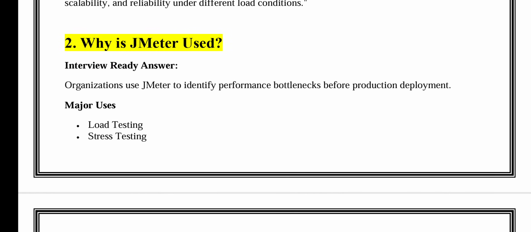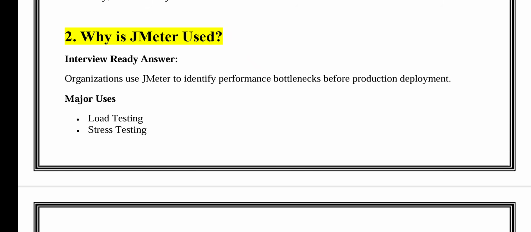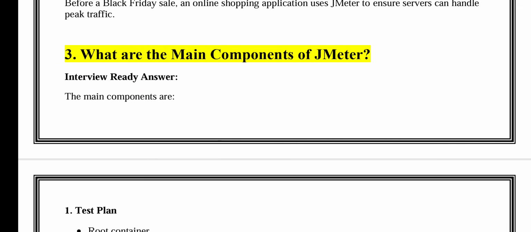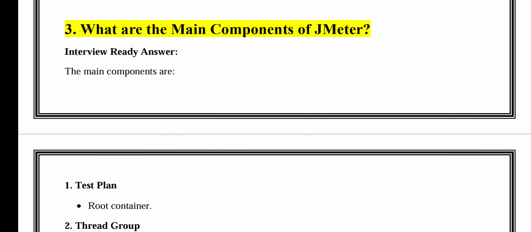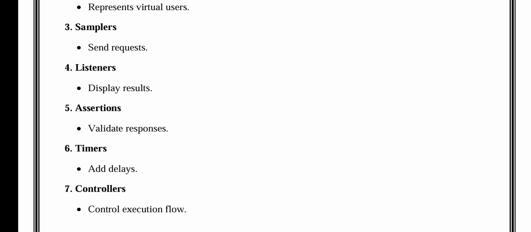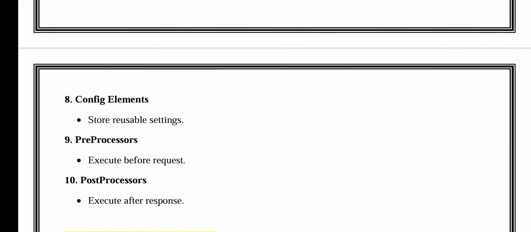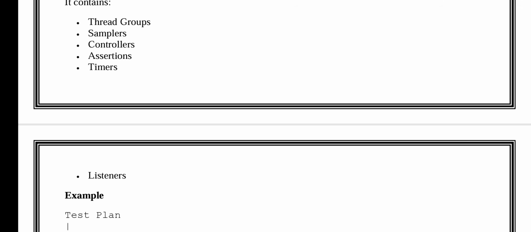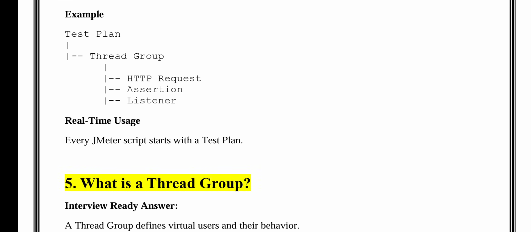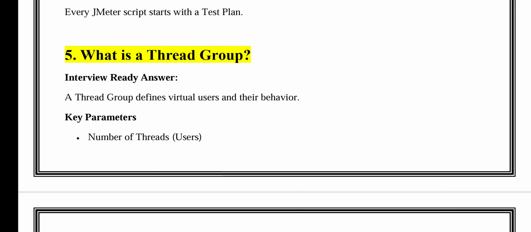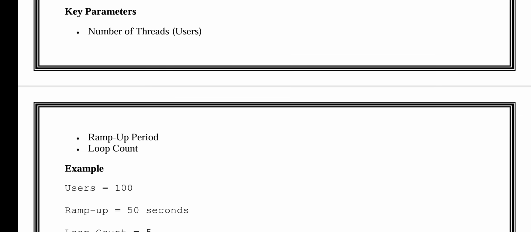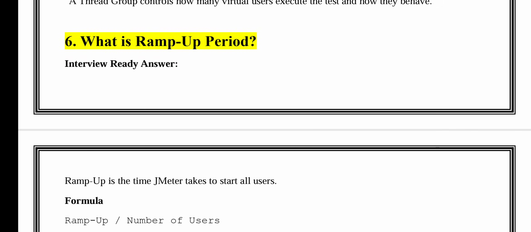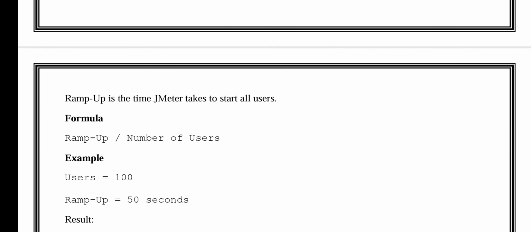The next question goes like, why is JMeter used? And what are the components of JMeter? What is a test plan? What is a thread group? What is a ramp up period?